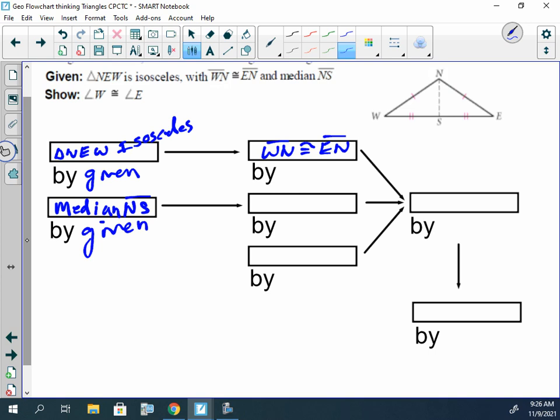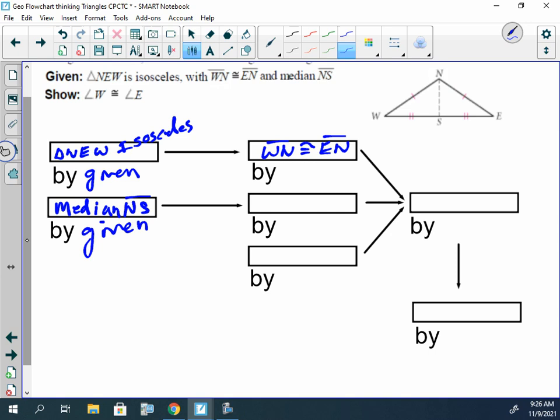Always get these a little backwards. Yep. The median of a triangle is a segment from the vertex of a triangle to the midpoint of the opposite side.